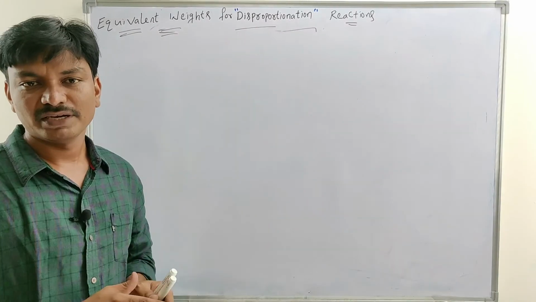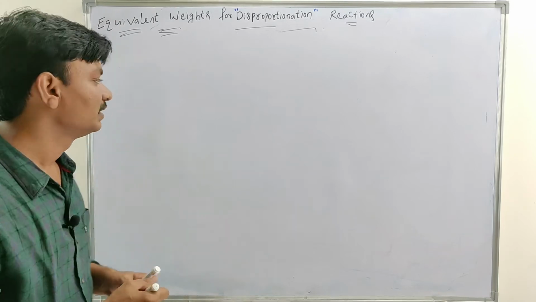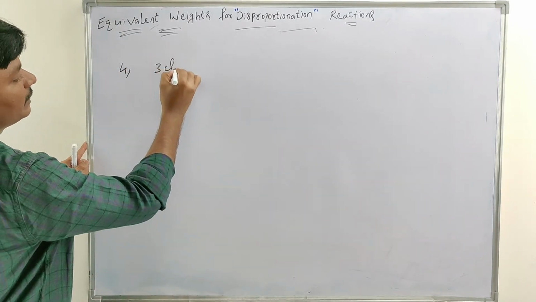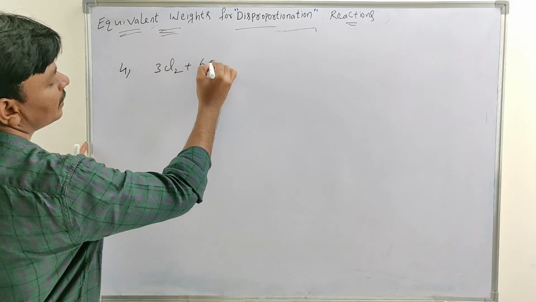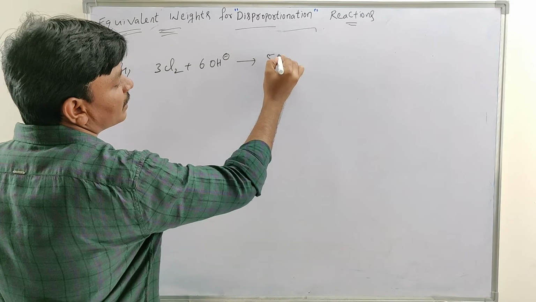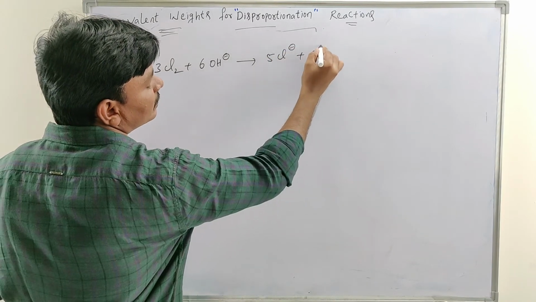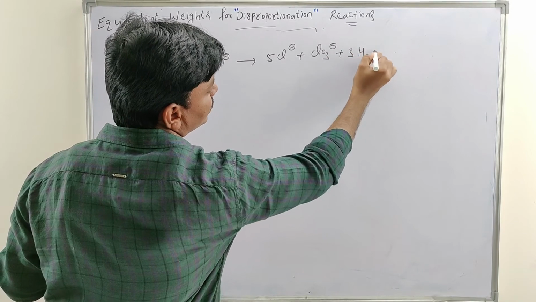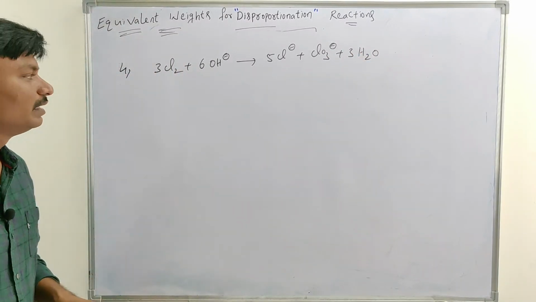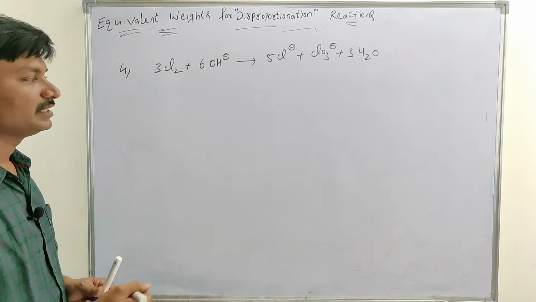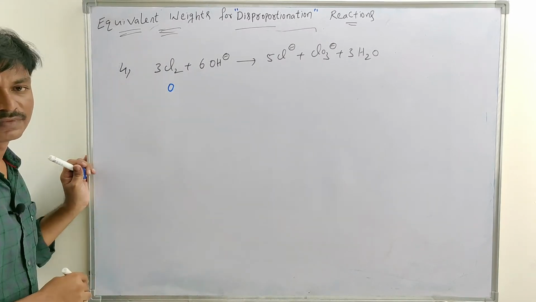Coming to another example of a disproportionation reaction. Here it is the fourth example: 3 moles of Cl2 plus 6 moles of OH minus ions gives 5 moles of Cl minus plus ClO3 minus plus 3 moles of H2O. In the Cl2 molecule, the chlorine oxidation number is 0.